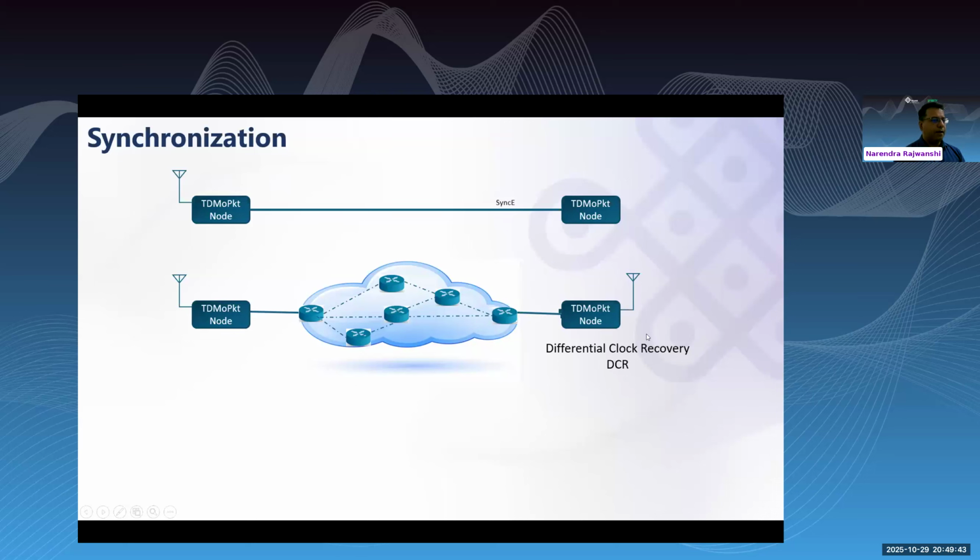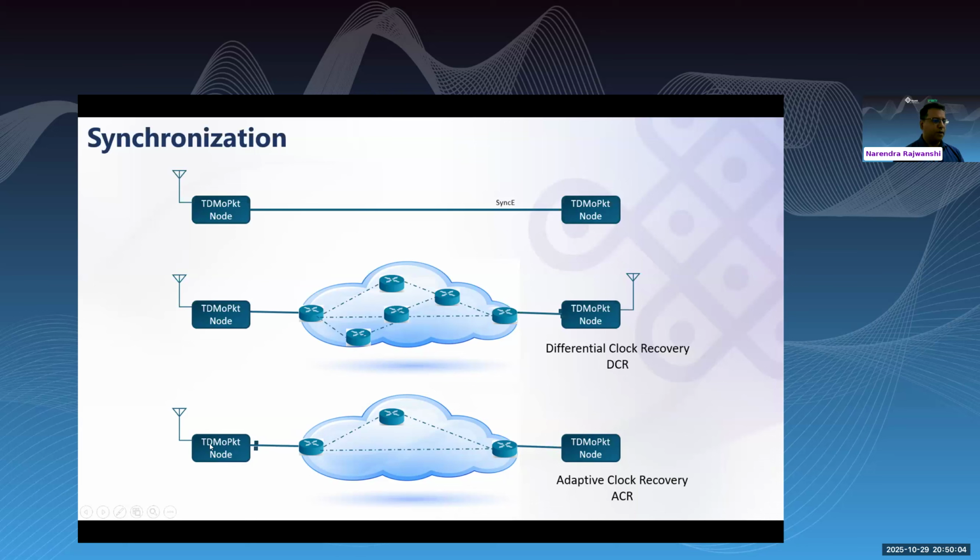Now, what happens if we don't have the PRC clock at all the endpoints? One of the nodes gets synced to the primary reference source, and the other end is not. In that case, we can run an adaptive clock recovery protocol. It doesn't need the external clock at the other end, but still it will be able to decipher the packets in the same sequence.